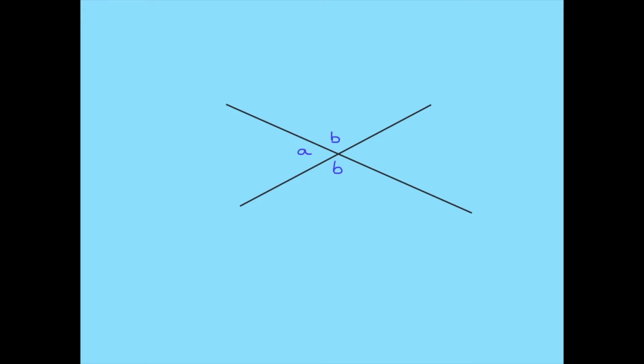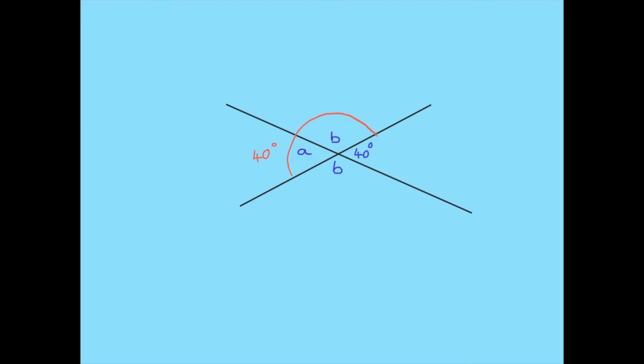So let's say that this angle has been marked as 40 degrees. That means we know straight away that this angle opposite it is also 40 degrees. Now the next thing that we can use is the fact that angles on a straight line always add up to 180 degrees. And these angles A and B are on a straight line, so they must add up to 180 degrees.